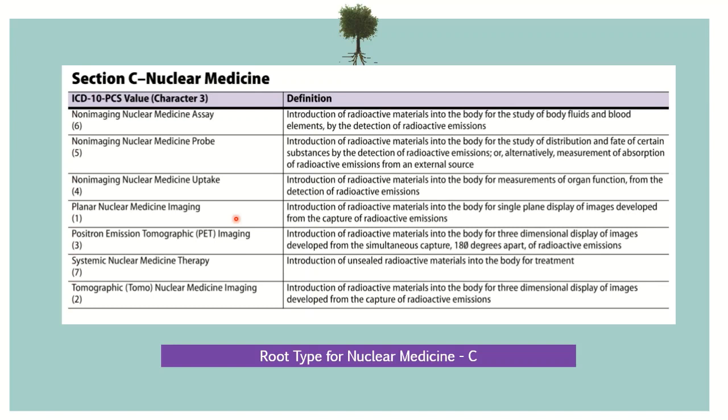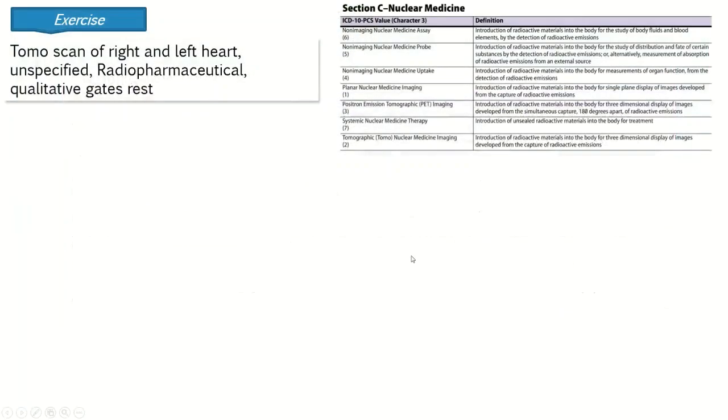And you've got planar nuclear medicine imaging. This is the introduction of radioactive materials into the body for single plane display of images developed from the capture of radioactive emissions. And then you've got positron emission tomographic or PET imaging. This is introduction of radioactive materials into the body for three-dimensional displays of images developed from simultaneous capture, 180 degrees apart, of radioactive emissions.